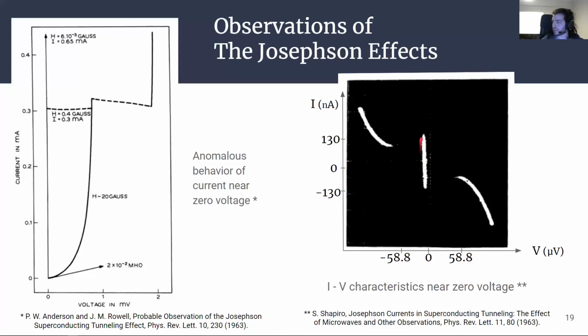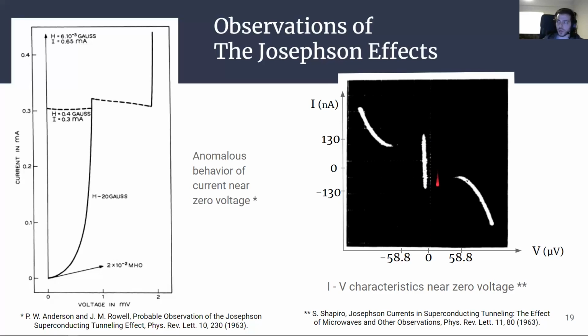When we have 0 voltage, we can observe that there is a spontaneous current. It's spontaneous because we cannot control this, but this current can take any value between the critical current and the minus critical current. Once they started to increase the applied voltage, there was no net current.